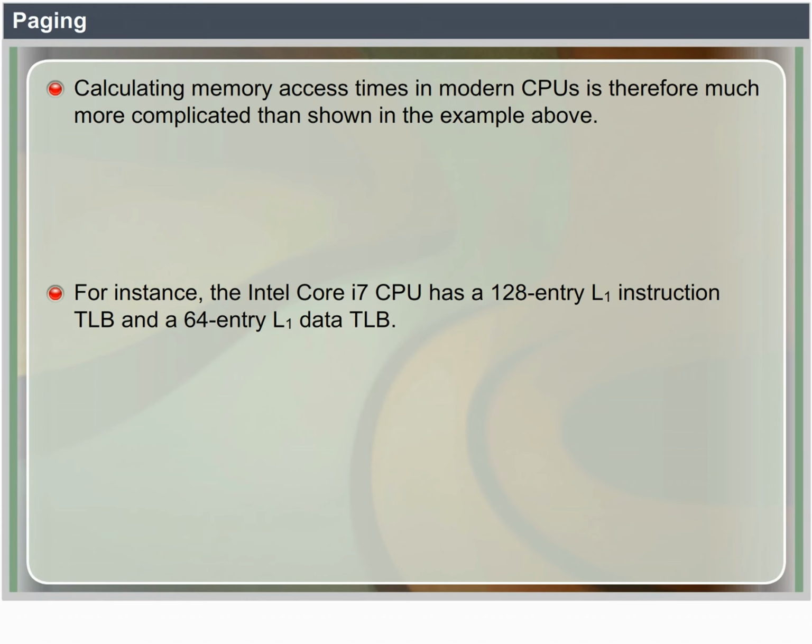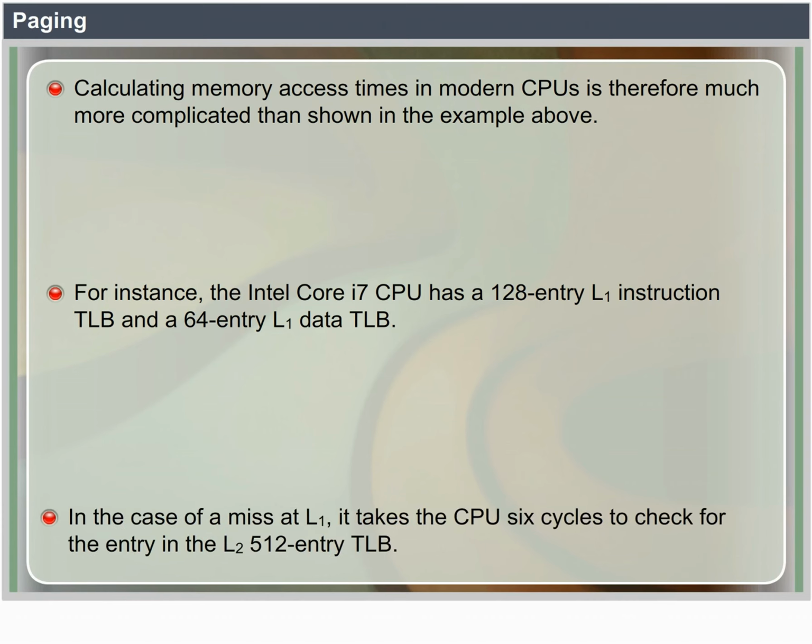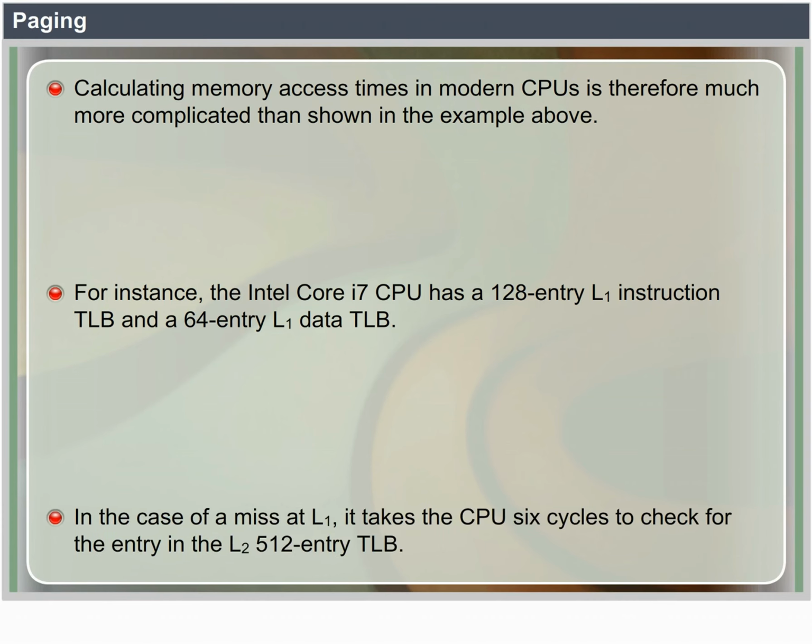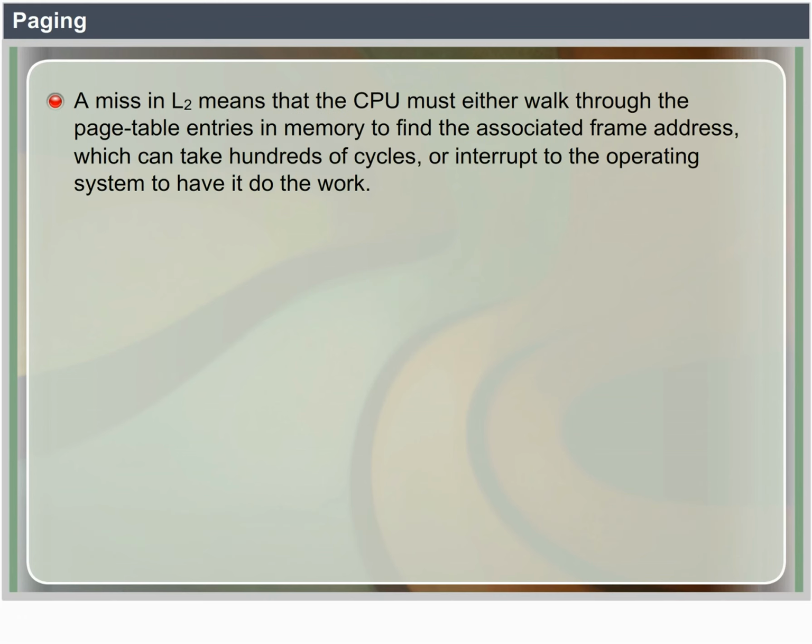In the case of a miss at L1, it takes the CPU 6 cycles to check for the entry in the L2 512-entry TLB. A miss in L2 means that the CPU must either walk through the page table entries in memory to find the associated frame address, which can take hundreds of cycles, or interrupt to the operating system to have it do the work.